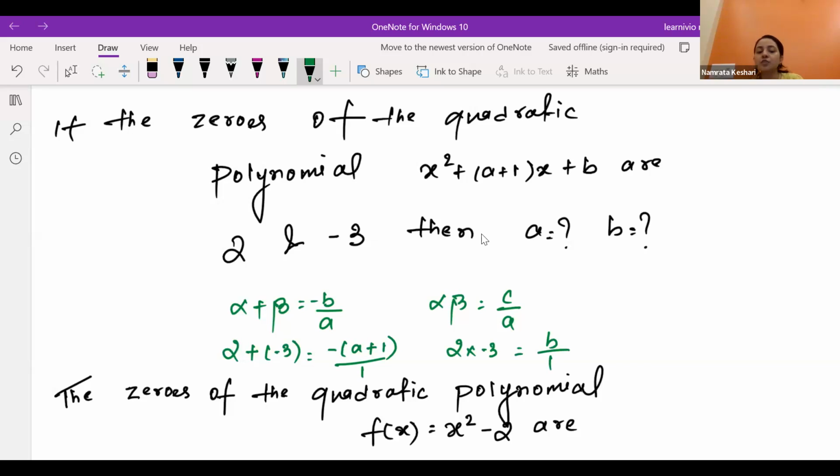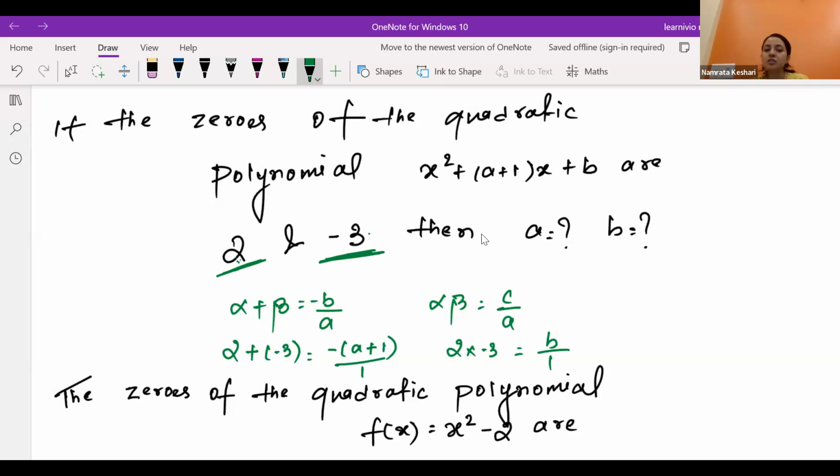Yes, Faizan, this is how we'll be doing it. This is one of the ways of solving this question, that first we'll find the sum of the zeros and product of the zeros formula we already know. Once we write the formula, we will understand that one root we can call alpha, another root we can call beta.